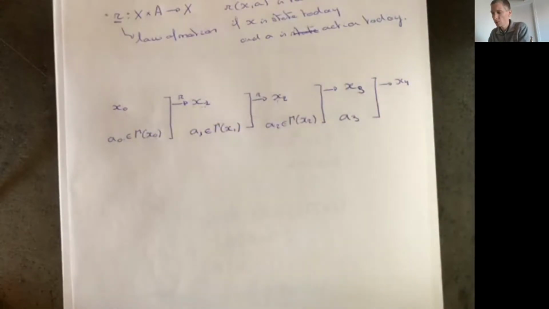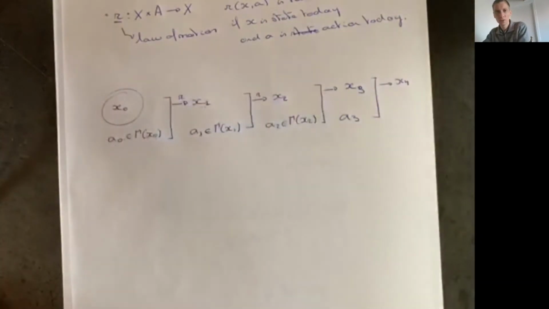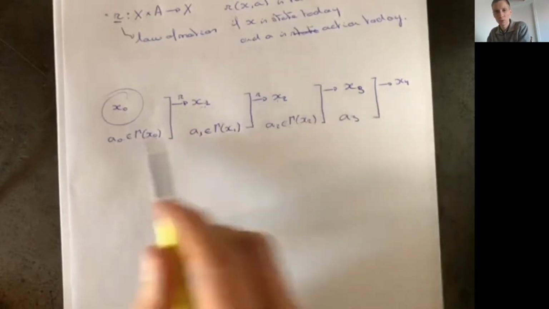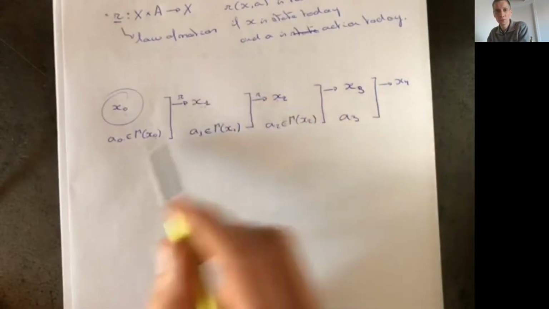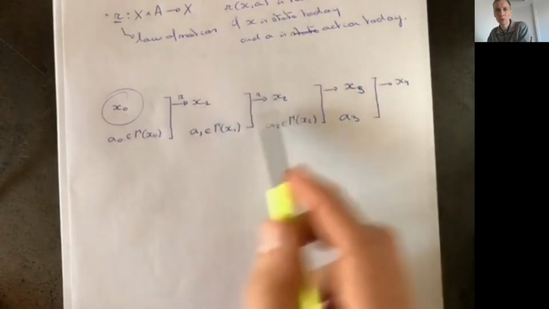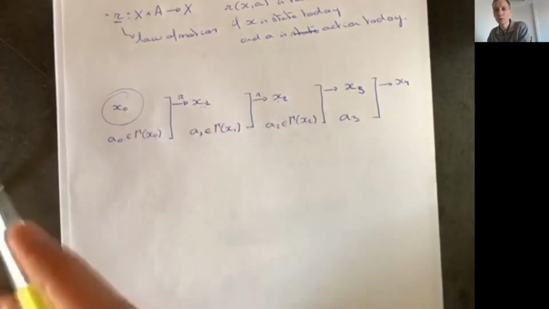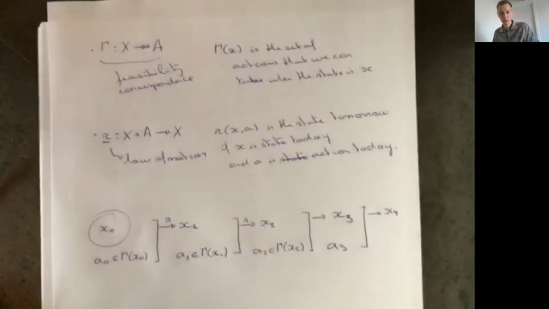So the only thing that can change is the initial state, because these are chosen in order to optimize, and these are a consequence of this optimization choice. All these will be endogenous, determined by the sequence of A's. So the only parameter in my problem here is x0.